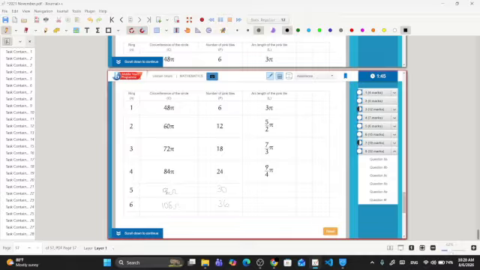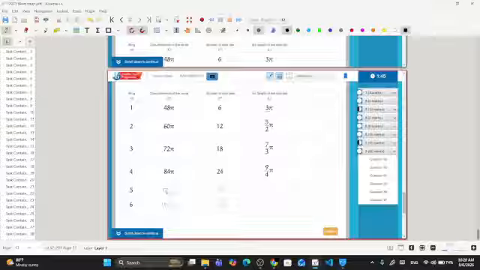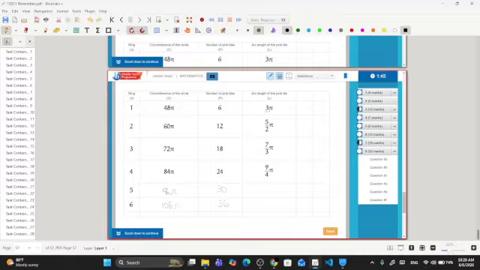Can you guess the pattern that is being followed in this case? Think about it. What can you notice? Any ideas?